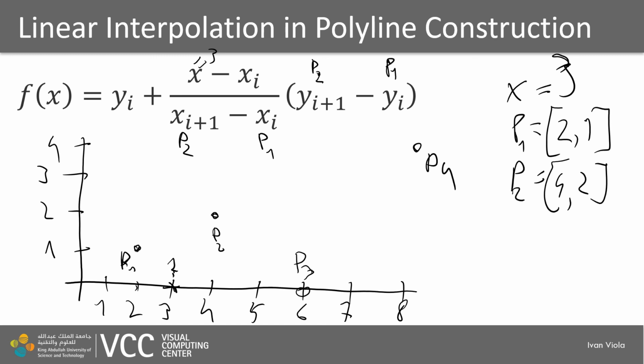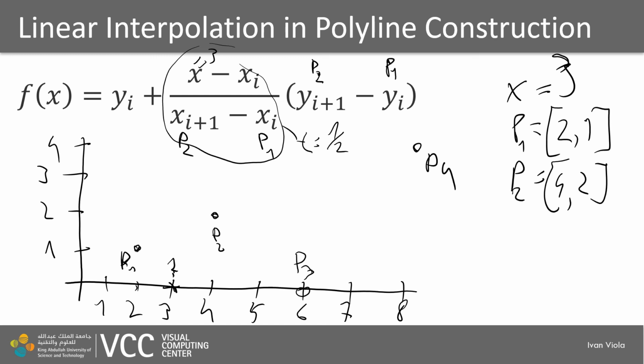And here, 4 minus 2 is 2. So t becomes equal to 1/2. And now we have some known y values. y_i will be 1, y_i plus 1 will be 2.